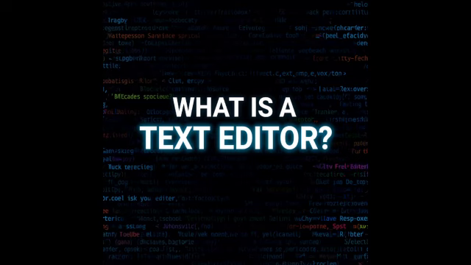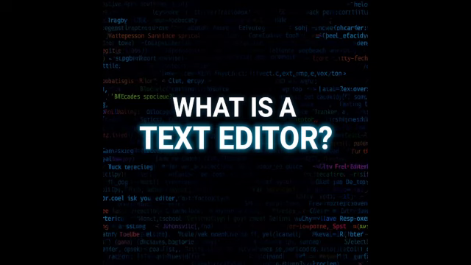Okay, so we have different categories of text editors. Just like books, we have different brands of books. You can have a book with its name, but they all function the same. They are writing materials. Text editors work the same.